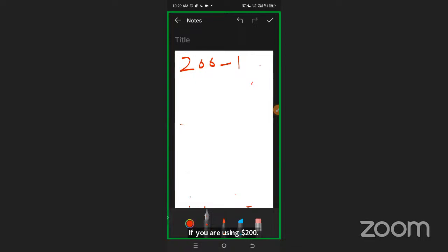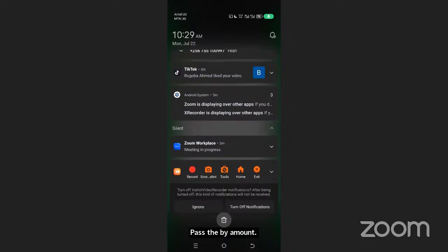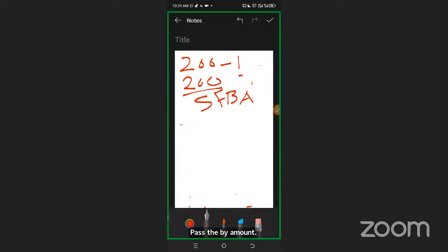Get 200 divided by 5. 5 becomes your first buy-in amount. 200 divided by 5, you get 40. 40 minus 1, you get 39.